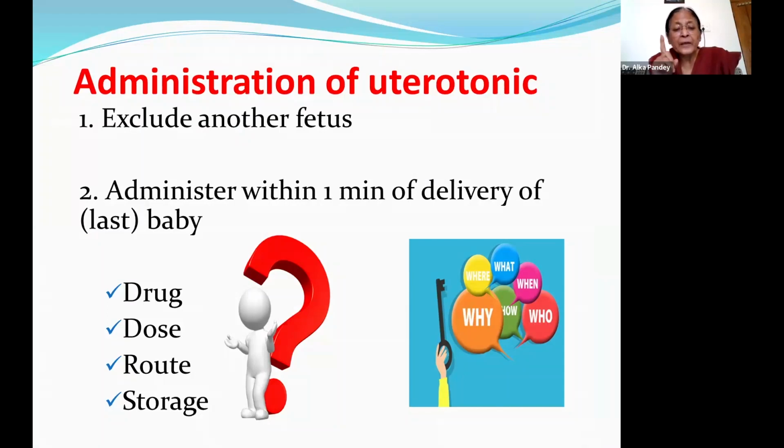Then administer within 1 minute of delivery of the baby. But you should know what will be the drug, what will be the dose, what will be the route, and how do you store it. Okay. So next slide, please.